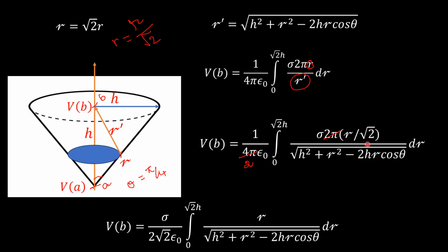Square root 2 will come in the denominator, and sigma and epsilon naught I am taking outside. Inside the integral you have script r divided by the square root of h squared plus script r squared minus 2h script r cos theta. Now we will integrate this one.